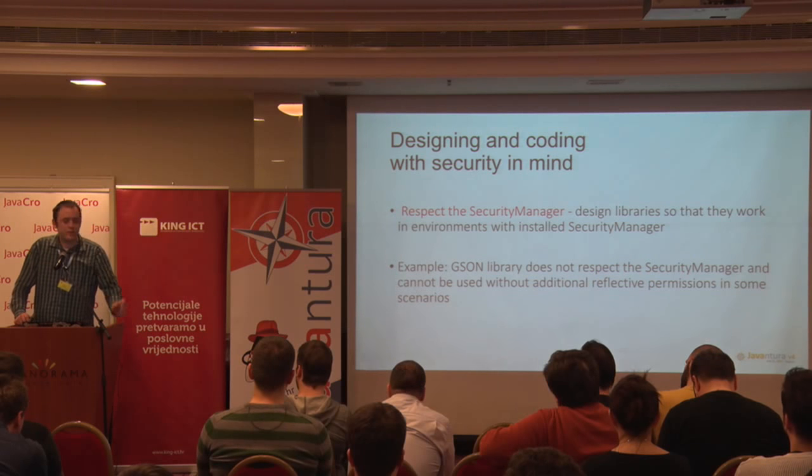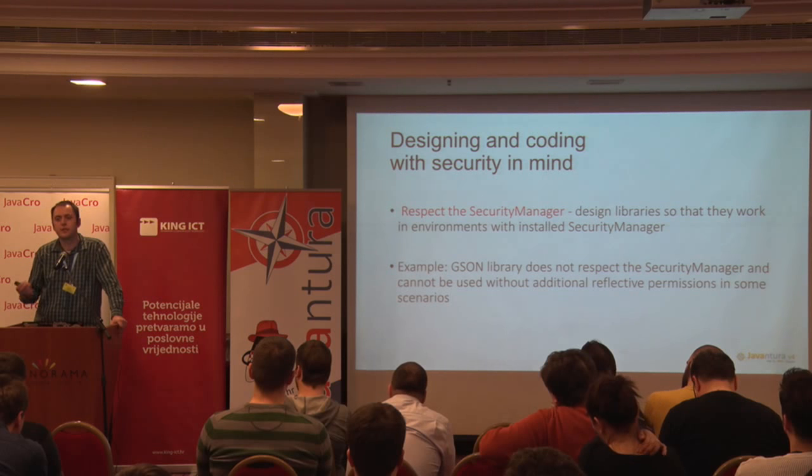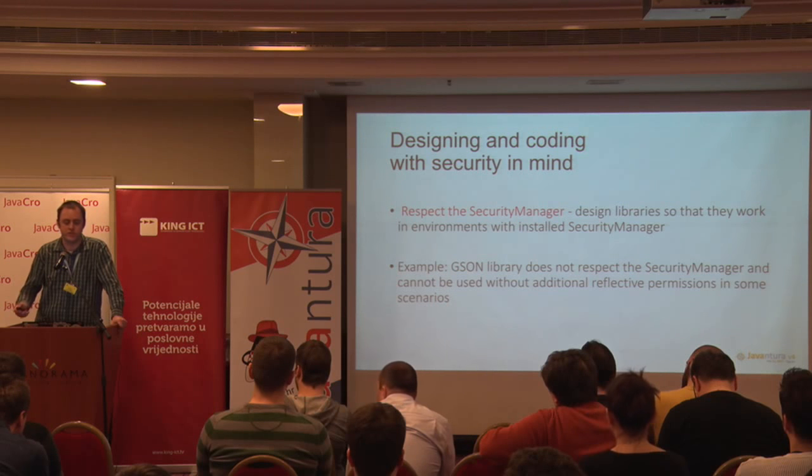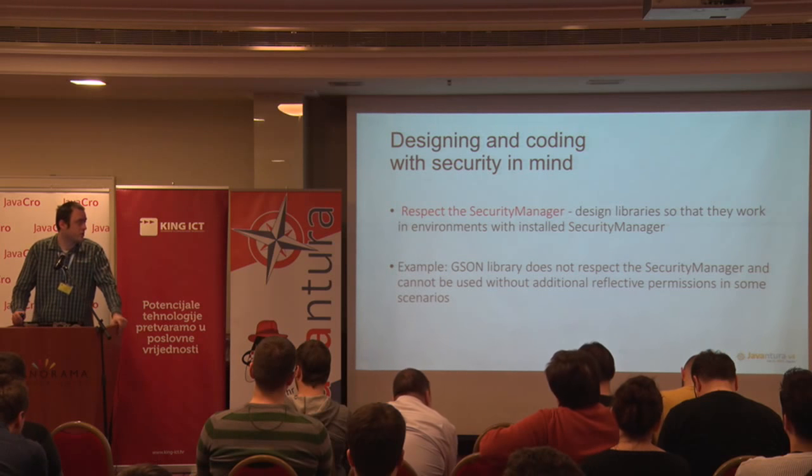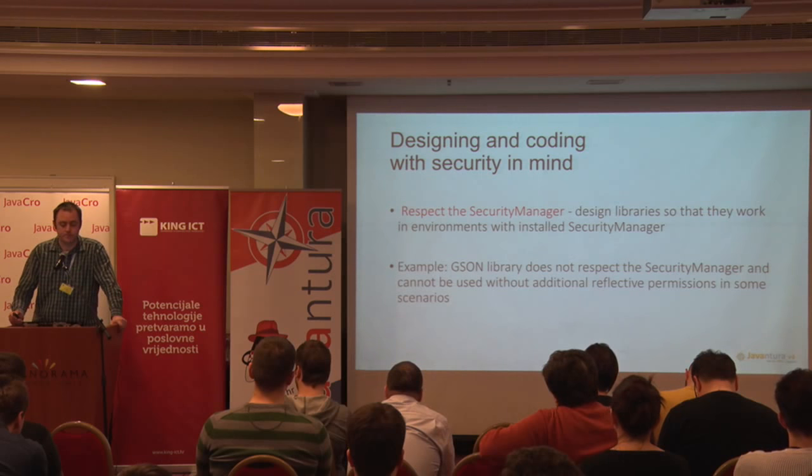And what I needed to do was to provide a way to do privilege escalation inside the JSON library. So I had to patch the library so that it was aware that it can run in an environment with a security manager installed. And this is the case typically with a lot of Java libraries. It's not only JSON. So this is one thing that you have to take into consideration.